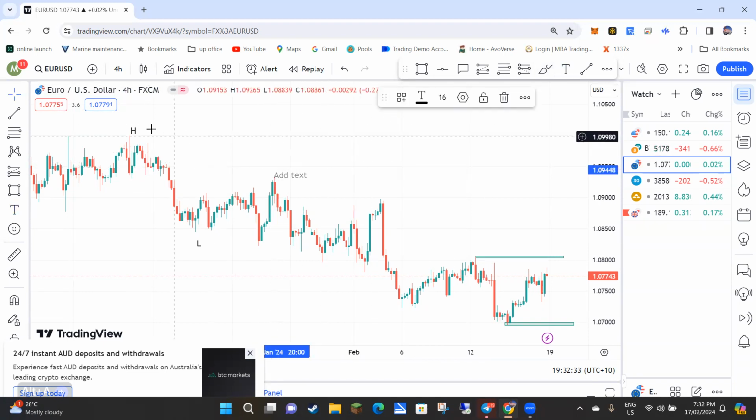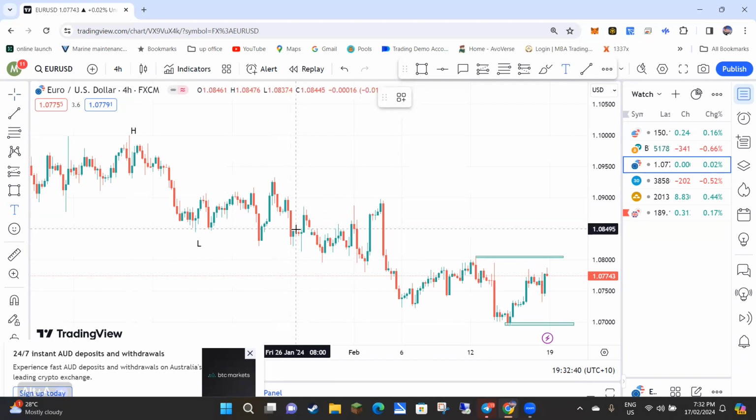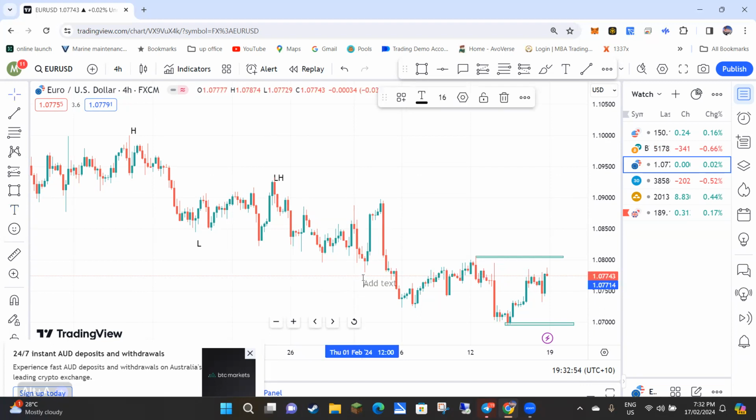So this is another high point, but it's lower than this high, so we'll call it a lower high. And then we'll find the next sort of low point. We'll go about here.